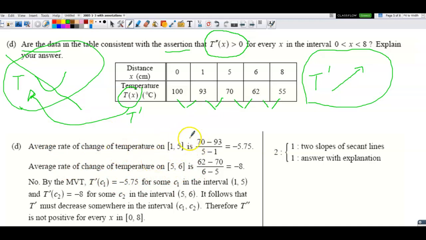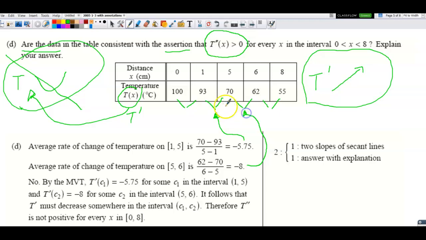So they found the average rate of change from 1 to 5 to be negative 5.75. I'll show you student work in a second. And they found the average rate to be negative 8 from 5 to 6.